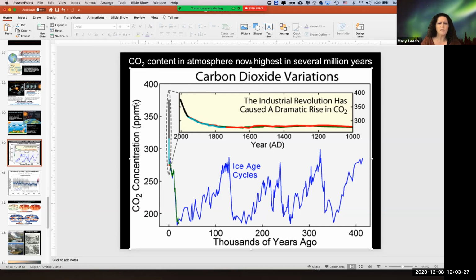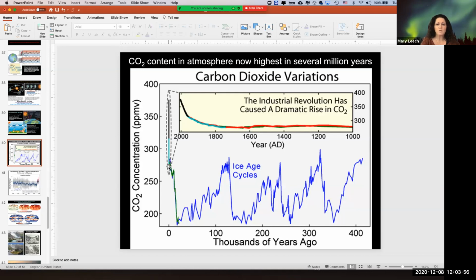Ppm is parts per million. You would measure these natural variations that got up to like 300 parts per million. But today we're already at like 400 parts per million. And that's because of the human contribution. So we're changing the natural cycle.